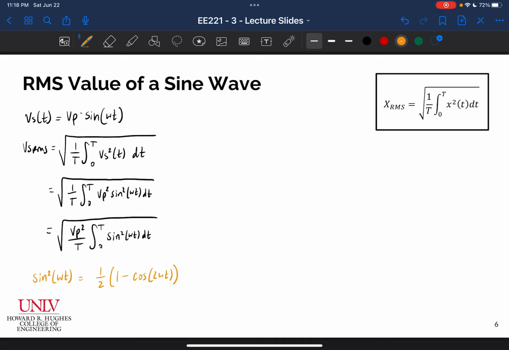Okay? If that's the case, we can rewrite this. Actually, let me give myself some more room. I can rewrite this as Vp squared over T, integral from 0 to T of 1/2. Actually, I'll just pull the half out now just to make my life easier. 1 minus the cosine of 2 omega t dt.